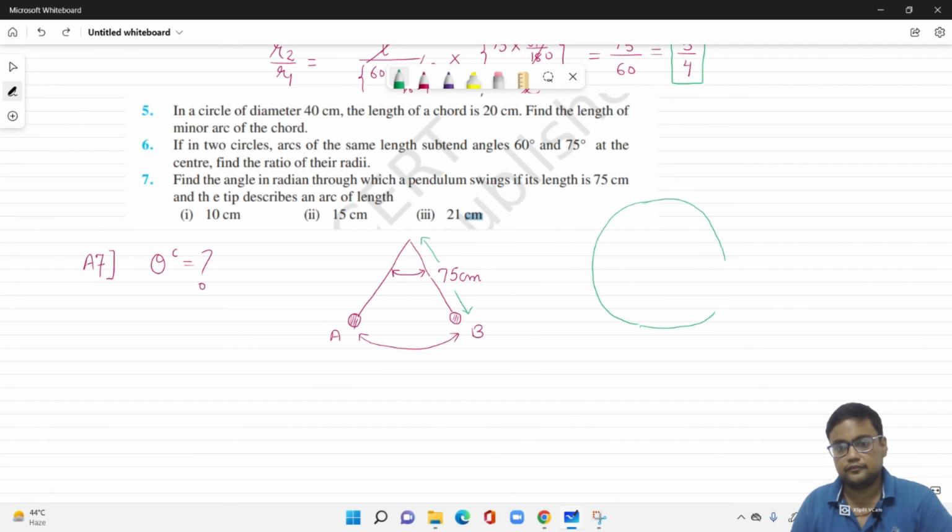So this is the center, this is the extreme position of the bob of the pendulum, and this is the other extreme position of the bob of the pendulum. Pendulum goes from A to B and comes back to A from B. So in doing this, it traces an angle at the center. This is a sector, ये तो एक sector होगा. This area is called a sector.